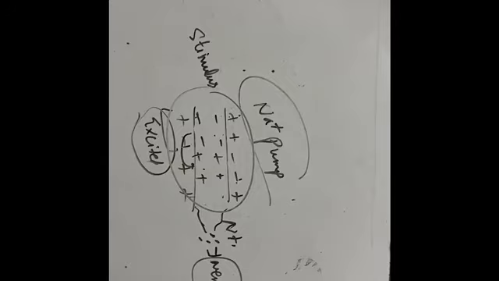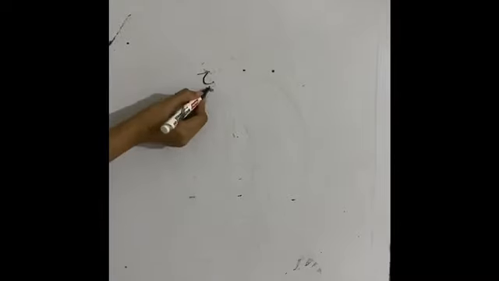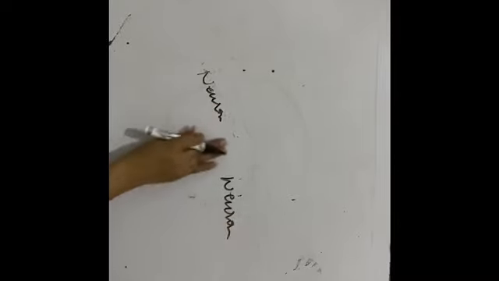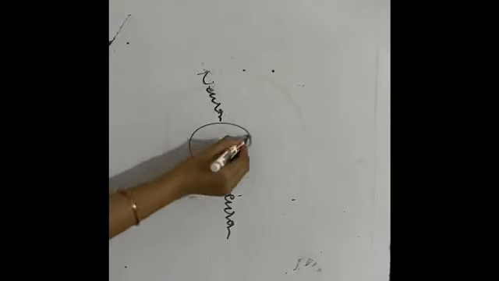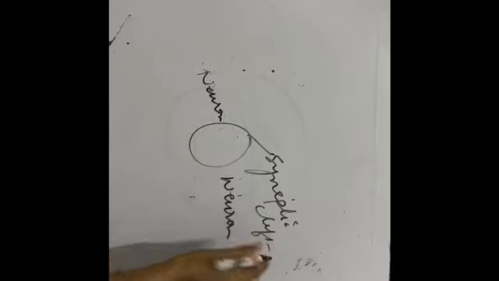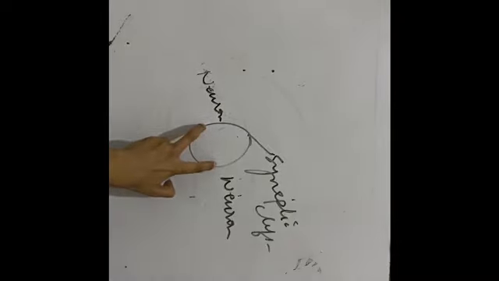Right? Now we said that between one neuron and another neuron there was a space known as synaptic cleft. It means they aren't joined together, but there is some space in between them, and that is known as synaptic cleft. But it doesn't mean that they are not connected with one another.